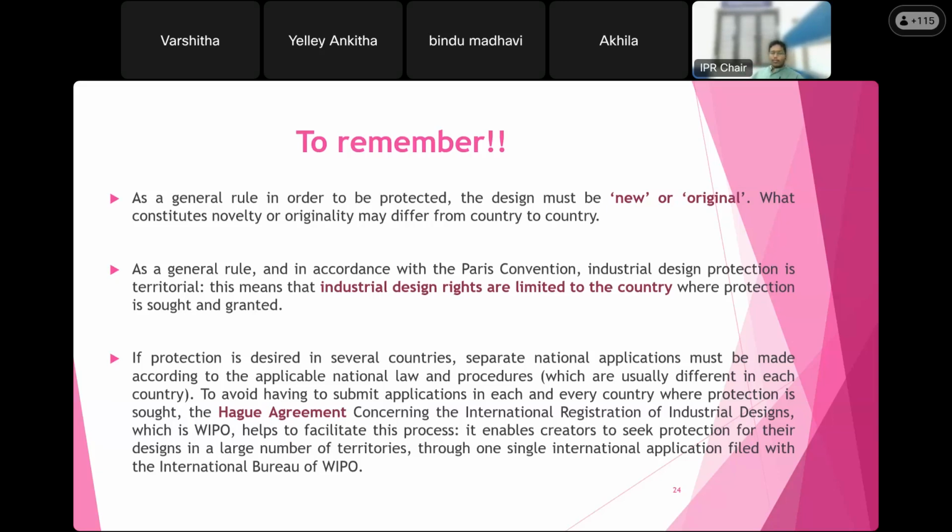Whichever countries are members of the Hague Agreement, if you file through it, you can protect your priority date in all those countries. Which means, as if you are filing in all those countries, though you file in a single place, which is the WIPO Hague Agreement.